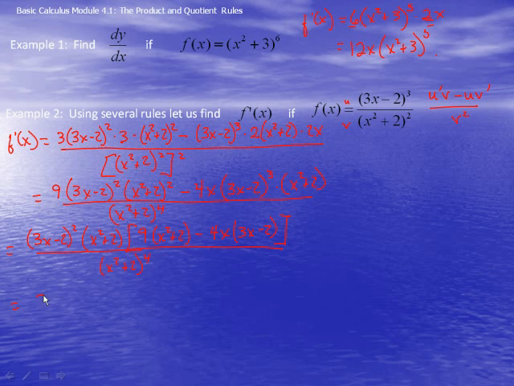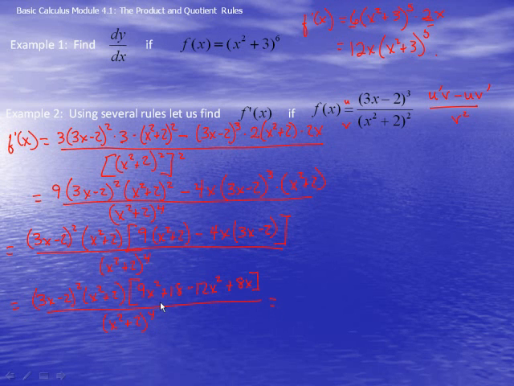we've got 3x minus 2 quantity squared times x squared plus 2. And we're going to do our multiplying, so 9x squared plus 18 minus 12x squared plus 8x all over our denominator squared to the fourth power.